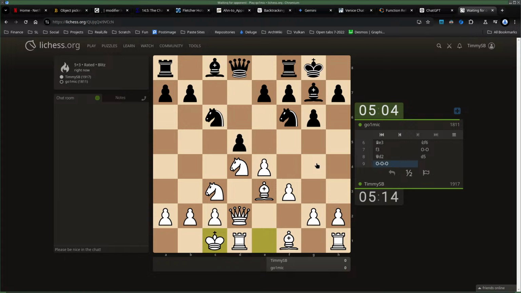That is not theory. Well, I think taking the knight is theory, but yeah. I don't care. You can take my pawn. Now he's kind of forced to exchange queens and then forced to take my knight, and then I have a better pawn position.